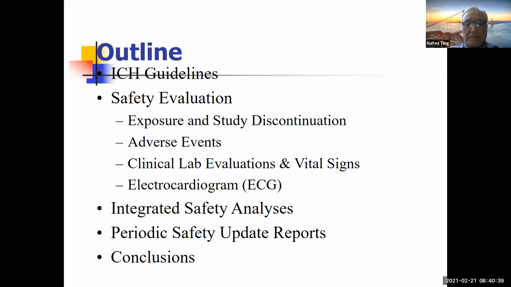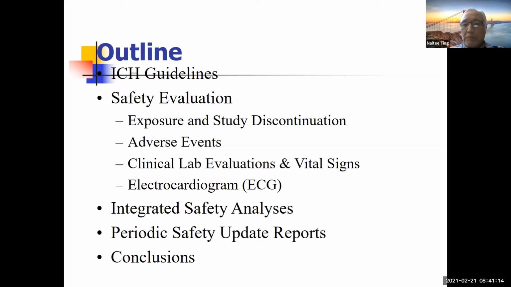After adverse events, we're going to talk about clinical lab, vital signs, and ECG. The basic difference between AEs, adverse events, and all the other safety findings is that AE is subjective. It comes from each individual patient and from the physician's observation. So an adverse event has to be reportable or observable.